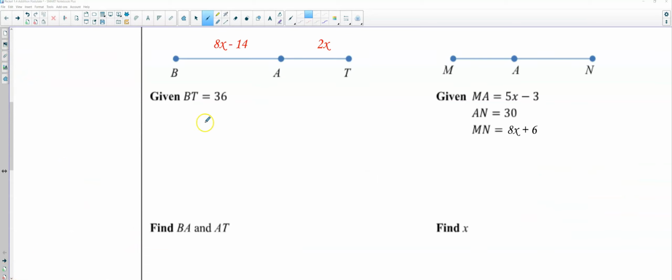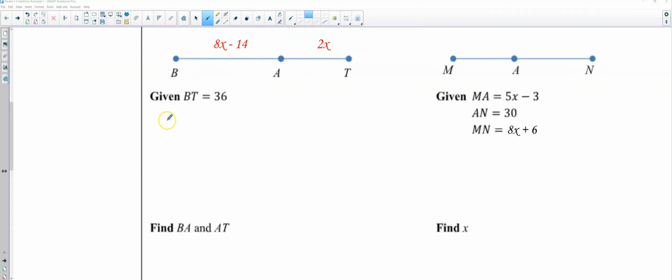Let's go on. Let's take a look at this example. We have the distance from B to A to be 8x minus 14. We have the distance from A to T to be 2x. Well, we know that this part, BA plus AT, must equal BT, the whole thing. Everything is given.